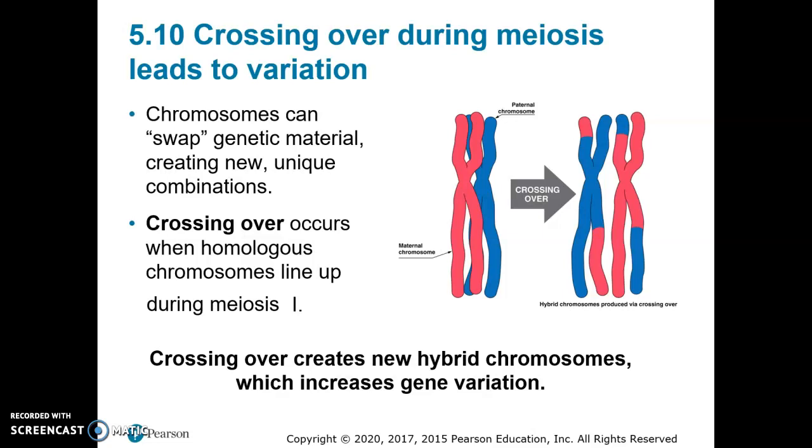And that's what sexual reproduction does, it creates more variation in our population, and hopefully that variation has the best attributes from both parents. So this is crossing over.